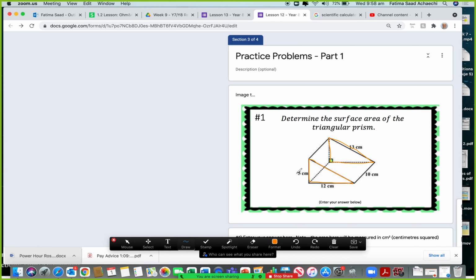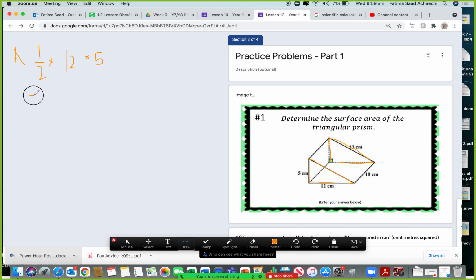So in order to find the area of a triangle, we need to do half times base times height, okay? So the base is 12 and the height is 5. So area is half, or 0.5. Sorry about the horrible writing. Times base, which is 12, times height, which is 5.